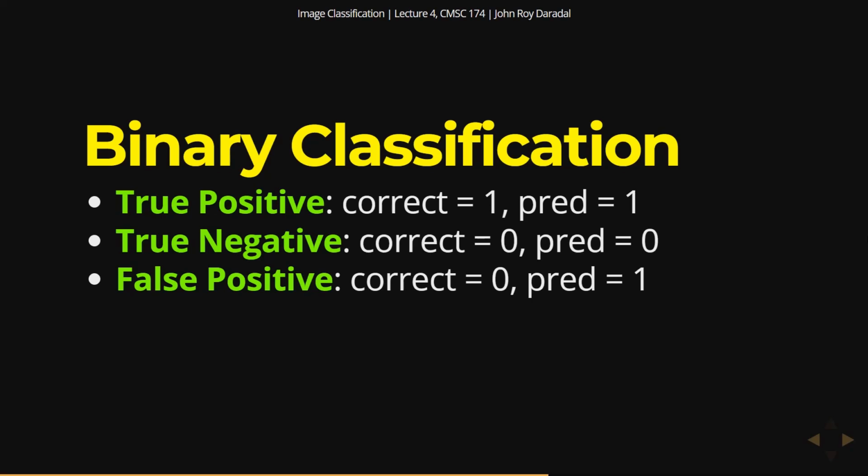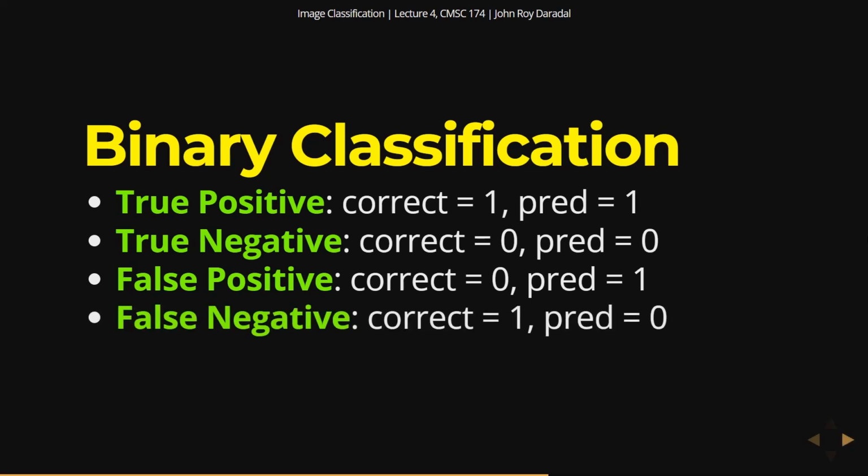A false positive is when you don't have COVID, or you're not pregnant, but then the test kit shows that it is positive, right? And then there's also false negative, like the correct answer should have been positive, but then you predicted a negative. So it's also the opposite, right? Those are the 4 possible results when you have binary classification.